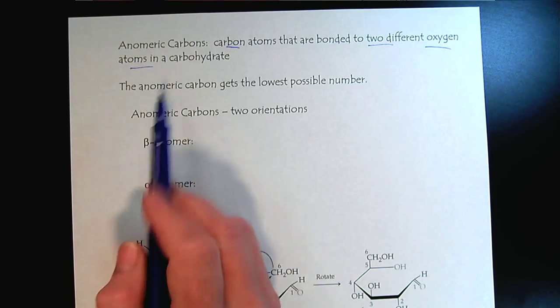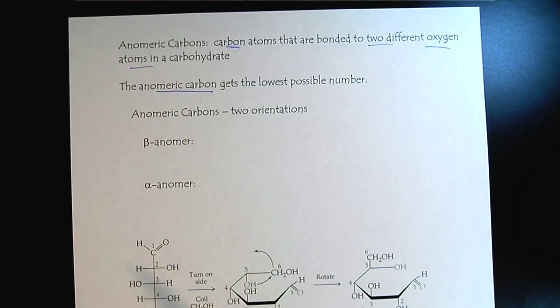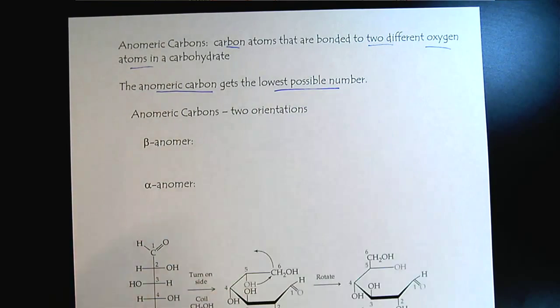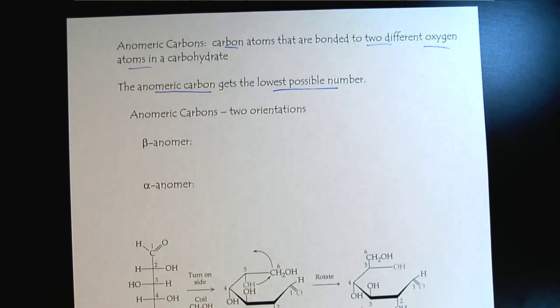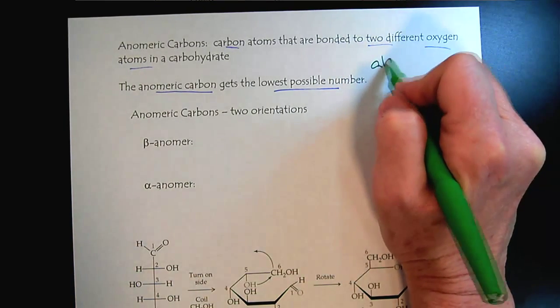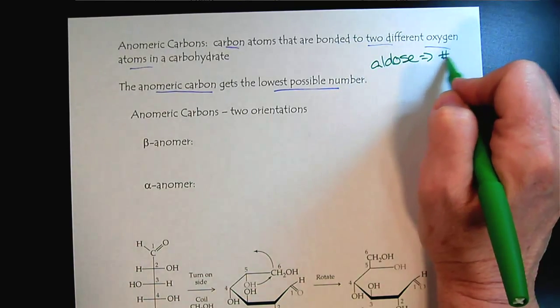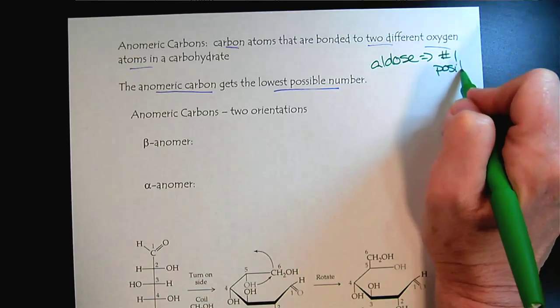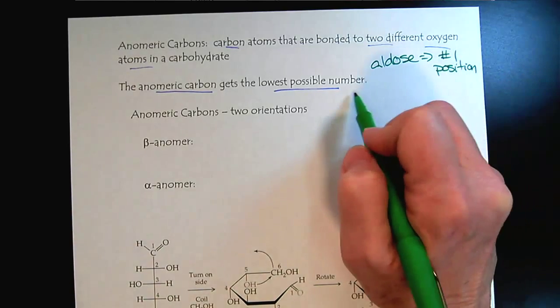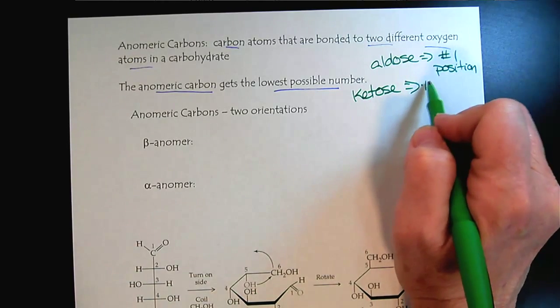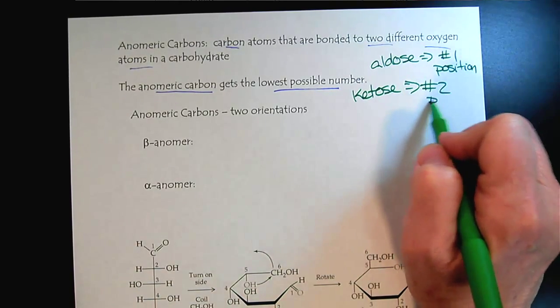So remember, the anomeric carbon, formerly known as the carbonyl carbon, is always going to have the lowest possible number. So for aldoses, that's going to be really easy. For aldoses, it will be the number 1 position. But for ketoses, it will be the number 2 position for the molecules that we'll be working with in this class.